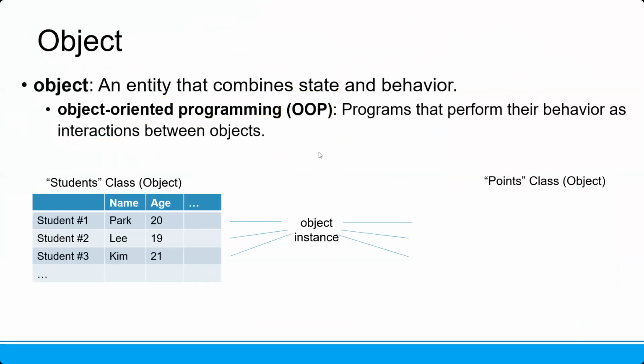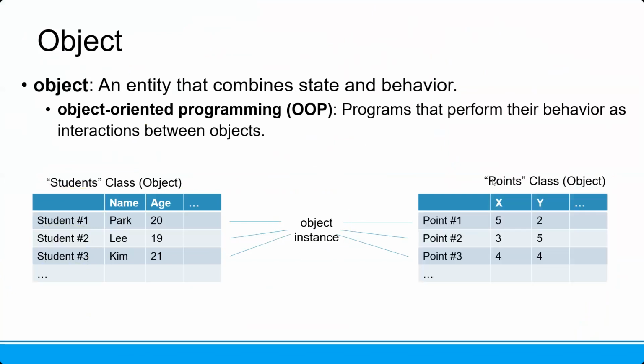If I have a student class and we have 3 objects, we call these object instances. If I have a point class and I have 1, 2, 3 points, these are the object instances.